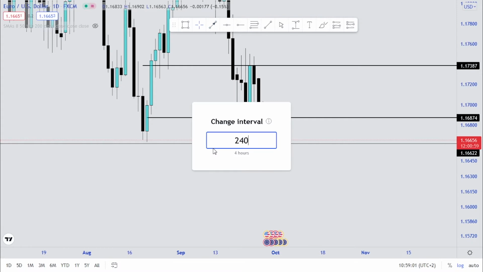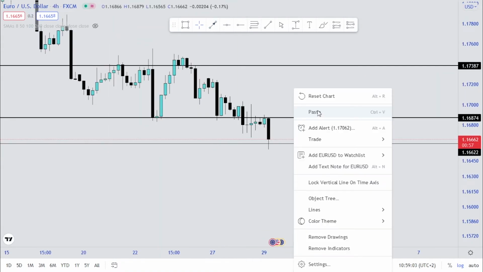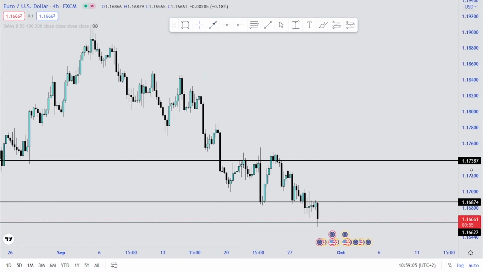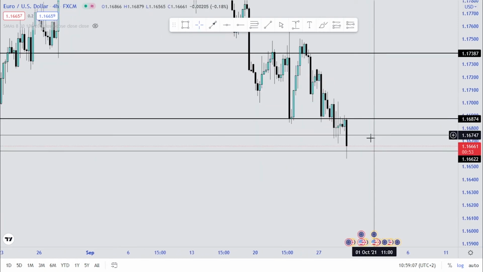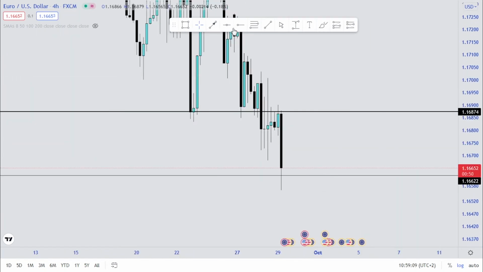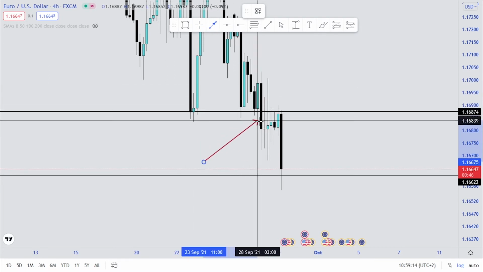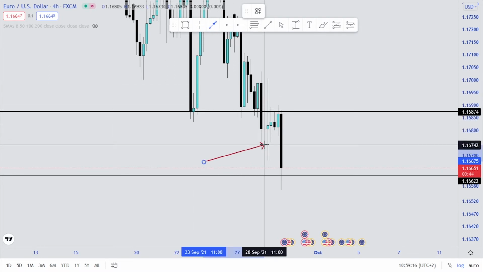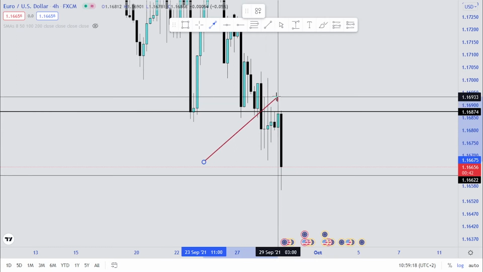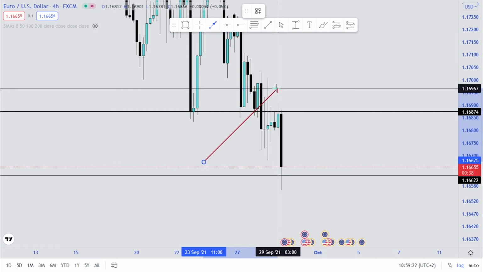If we scale into our 4-hour time frame, what I can see right now is that price was showing us a beautiful structure break of these lows, a beautiful descending correction. You see price was unable to give us bullish pressure to the upside.